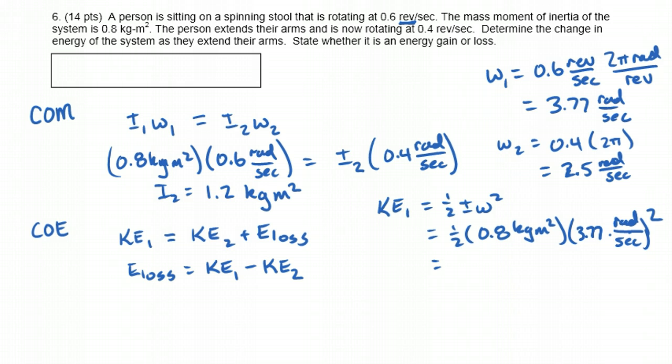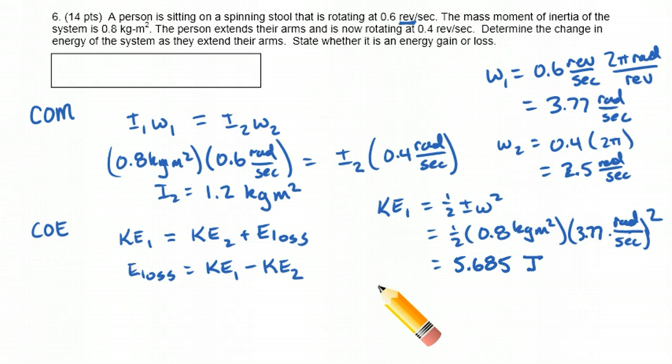Struggling with my calculator here. So I get 5.685. And when we check our units, we'll see kilograms, meters squared, seconds squared. Radians are unitless. That's a Newton meter or a joule.